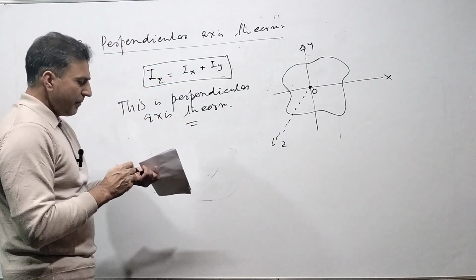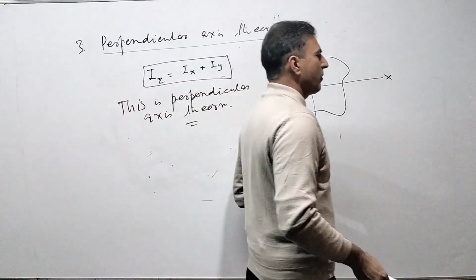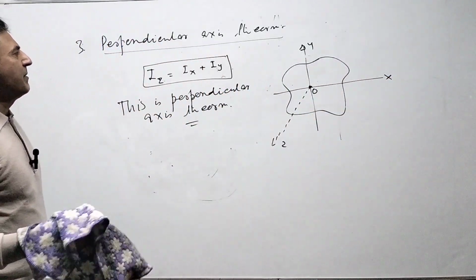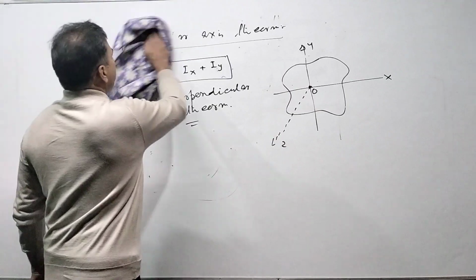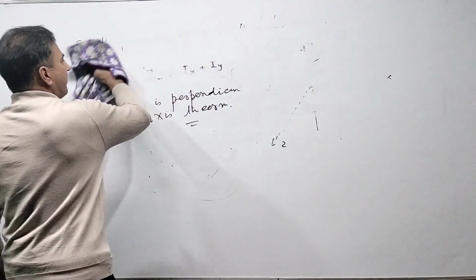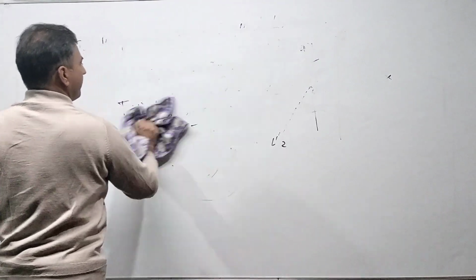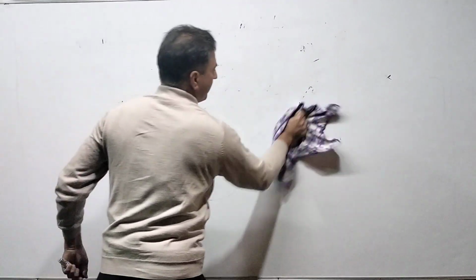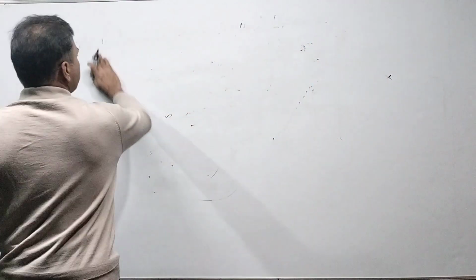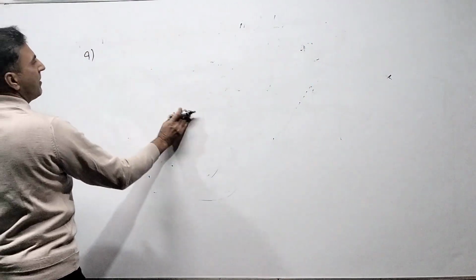So let me apply this perpendicular axis theorem in some simple cases. First case, a ring.